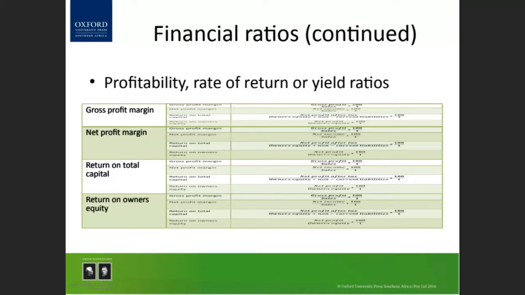Okay, then there are also profitability, rate of return or yield ratios, which are basically profitability ratios. These are clearly given. They highlight issues to do with profitability in the organization, like your gross profit margin, net profit margin, return on total capital, return on owner's equity.